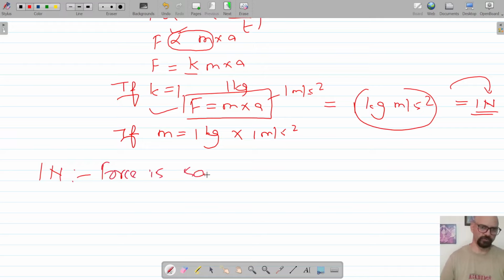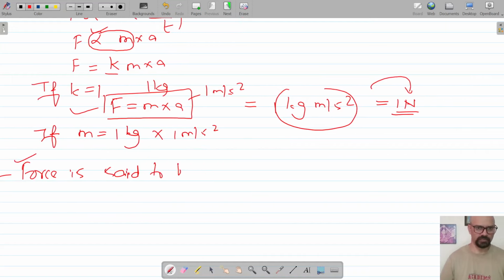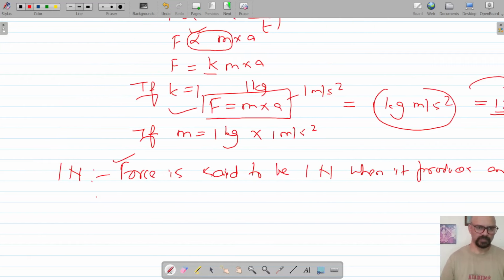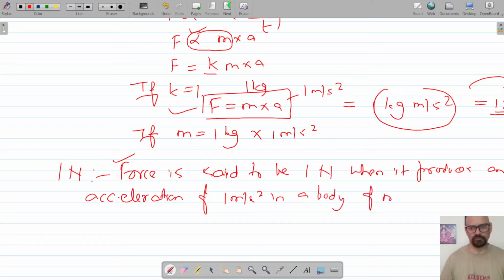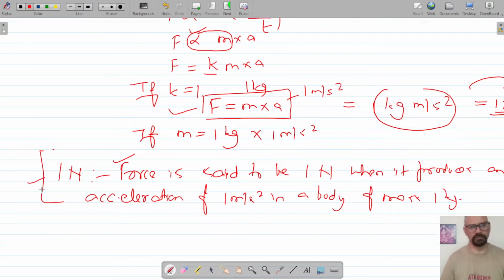Because it is the SI unit of force, we will say force is said to be 1 Newton when the force produces an acceleration of 1 meter per second square in a body of mass 1 kg. So that's the definition of 1 Newton.